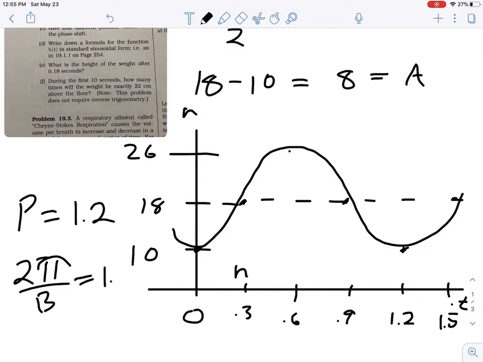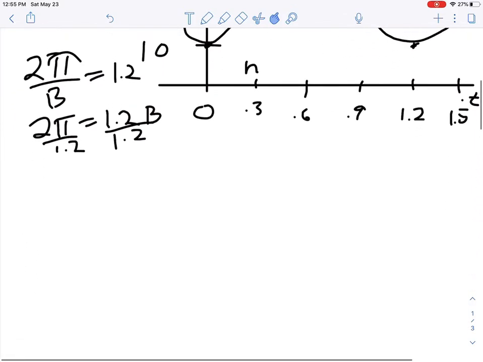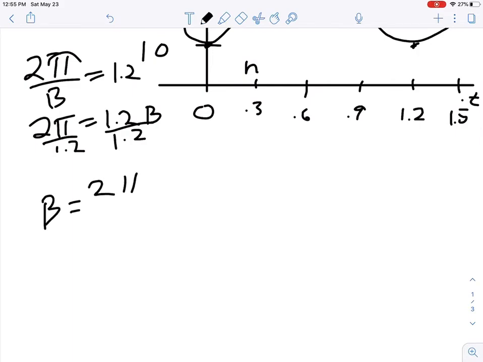Multiply the b over, I get 2 pi equals 1.2b, and then I divide by 1.2, and I've got my b equals 2 pi over 1.2. So it worked out the same way.